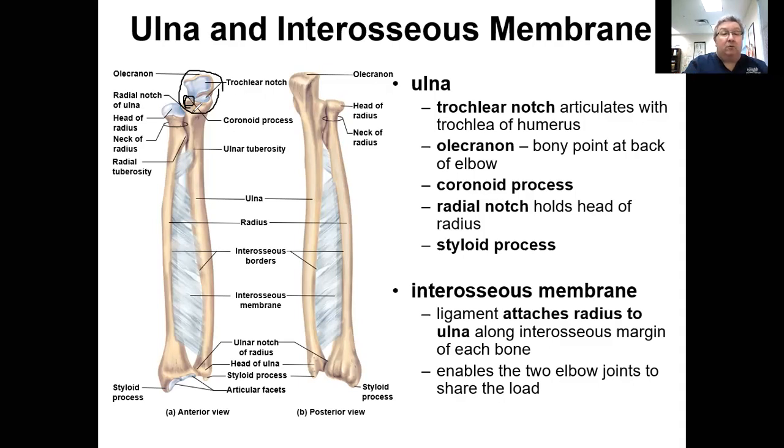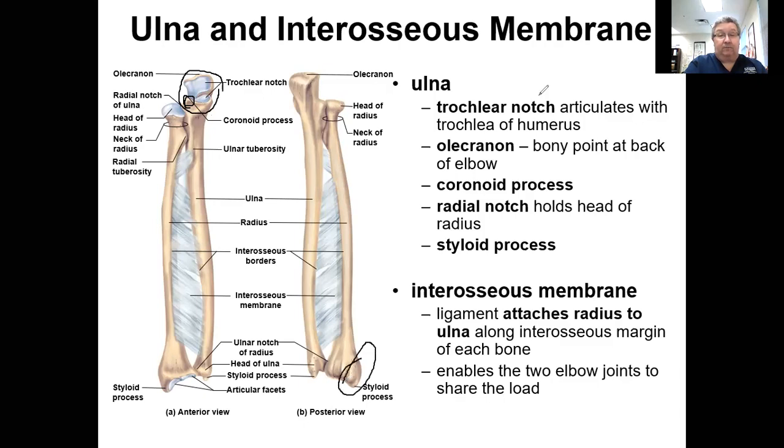So the ulna bone is very distinctive. It has that teeth-looking end. The proximal end looks like teeth, like a mouth. It's that trochlear notch. And remember, the olecranon is on the top, then the trochlear notch itself, and the coronoid process. And at the end of the ulna, just like the radius, there is also a styloid process.